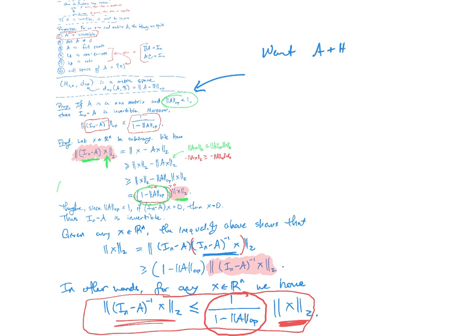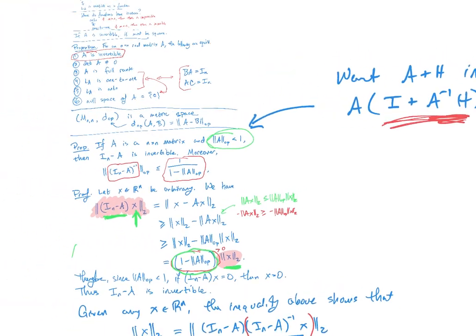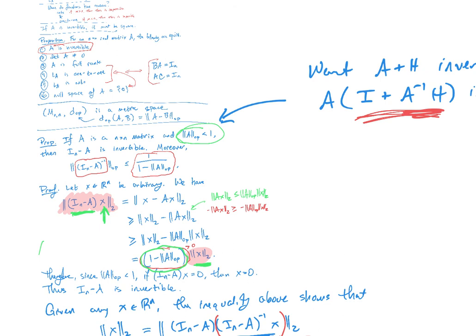We wanted A plus H invertible. So we want A times I plus A inverse H invertible. Now, A is already invertible. So really we want I plus A inverse H to be invertible. Our previous result says that that will be true if the operator norm of minus A inverse H is less than 1.